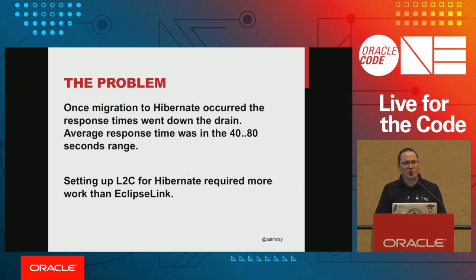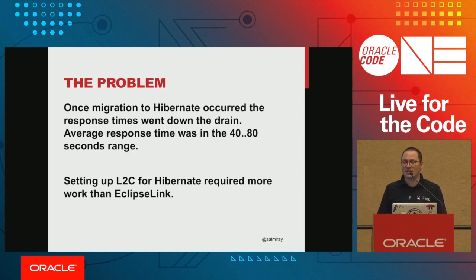But then, because they wanted to put everything under one roof, they said, well, let's pick the JPA provider that comes from Red Hat, and that is Hibernate. Let's put it in, and well, the results were not really very good.